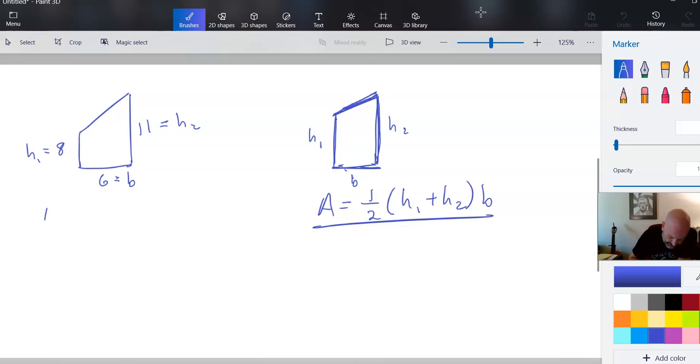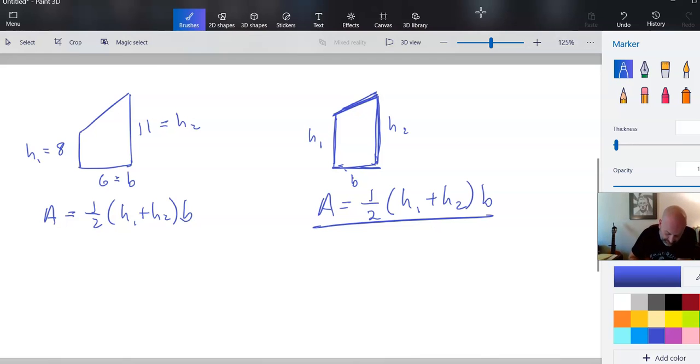So I need to use this formula, A equals 1/2 times H1 plus H2 times the base, right? Just a word of advice when you're learning a new formula: it really does shorten your study time if you just write the formula every time you use it. It reinforces it and you have less time to spend memorizing. So it's a good idea to write this down.